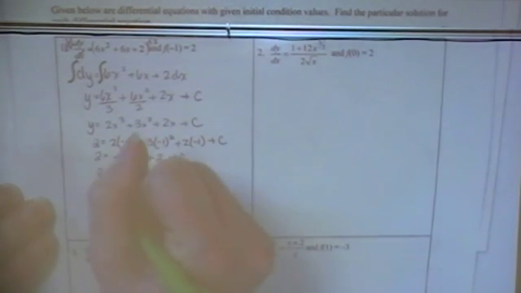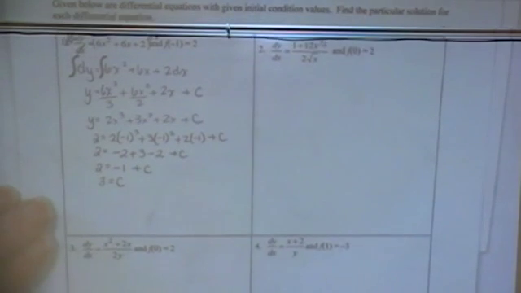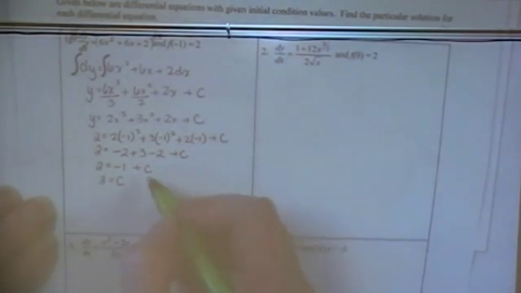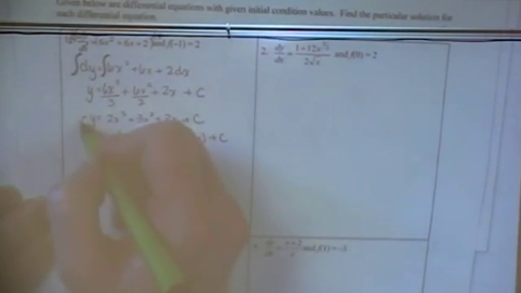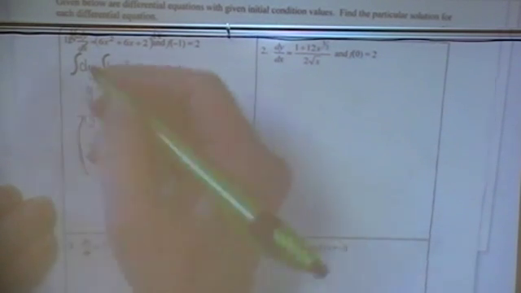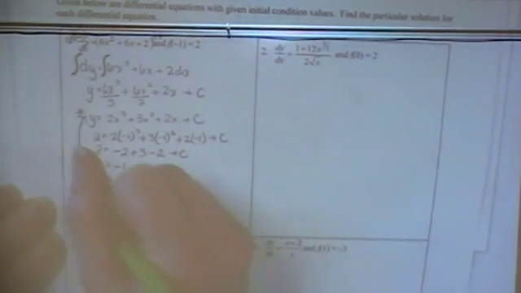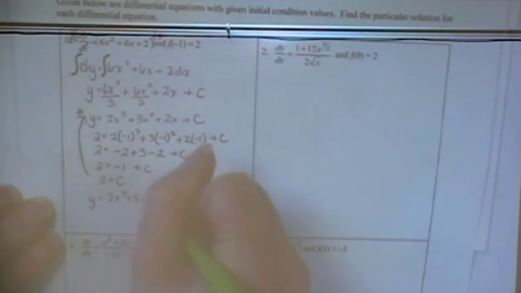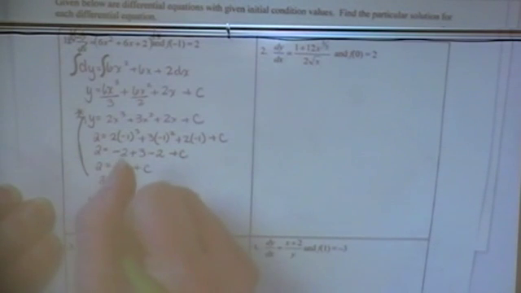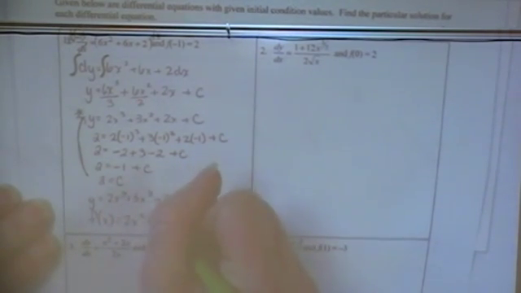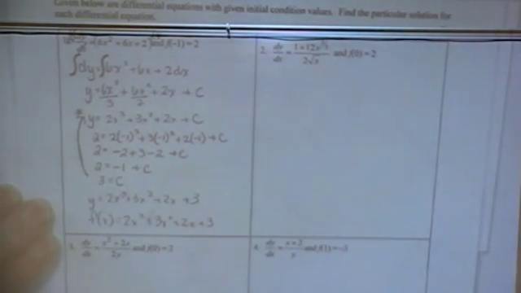So I get c equals 3. That means I can go back and plug this in. y equals 2x cubed plus 3x squared plus 2x plus 3. That's my original function, so I am going to write it in f of x notation. Alright, not bad, right? Pretty easy.